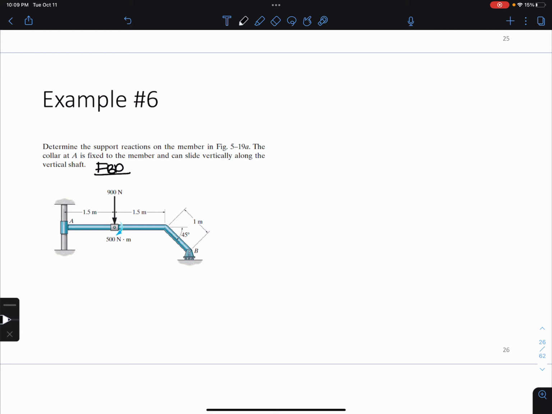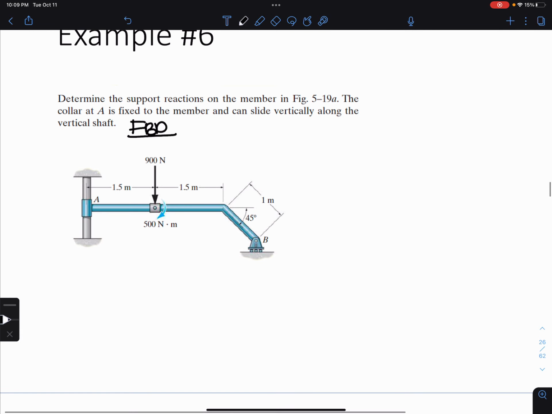Let's start with our FBD. It can slide vertically, which means it cannot move in this direction, so we have to put a reaction to stop the movement. We also can't rotate, so we have to put a reaction to stop the rotation. At B, we just have a roller, so just a BY. And everything else is already there, so that's all we have to put for our FBD.